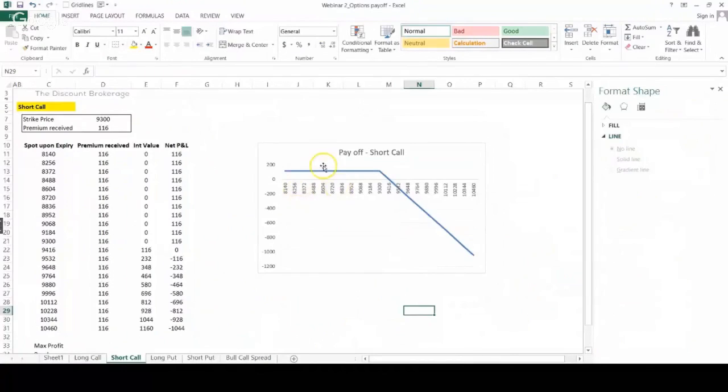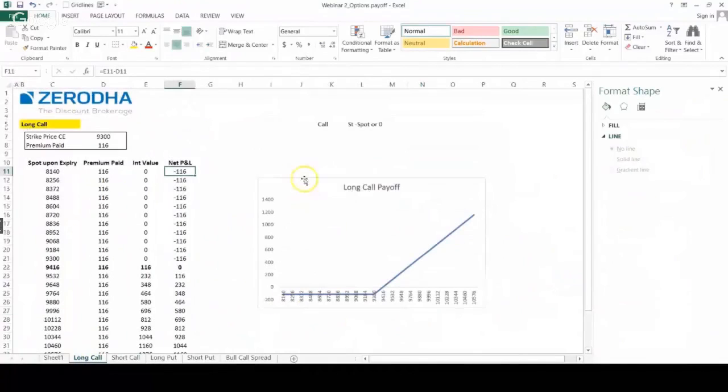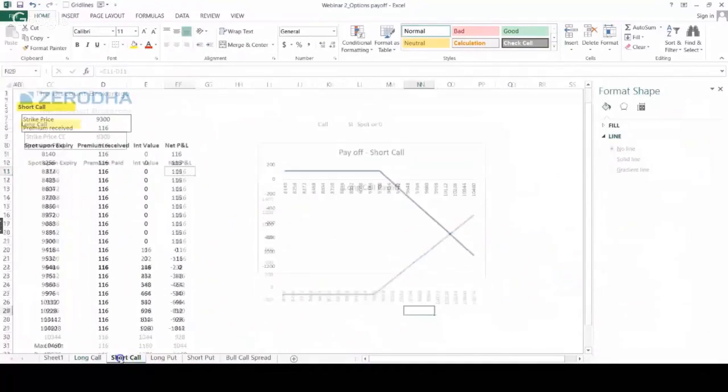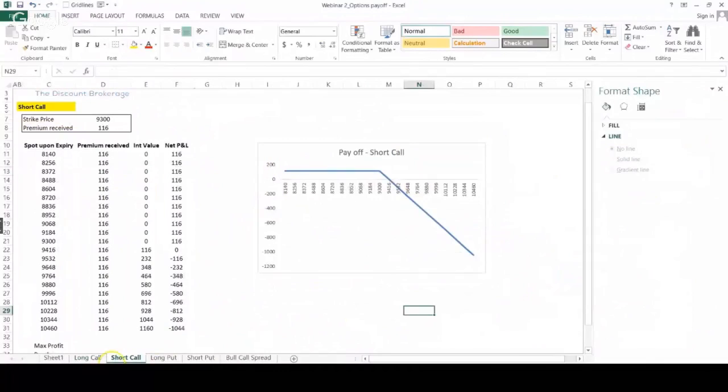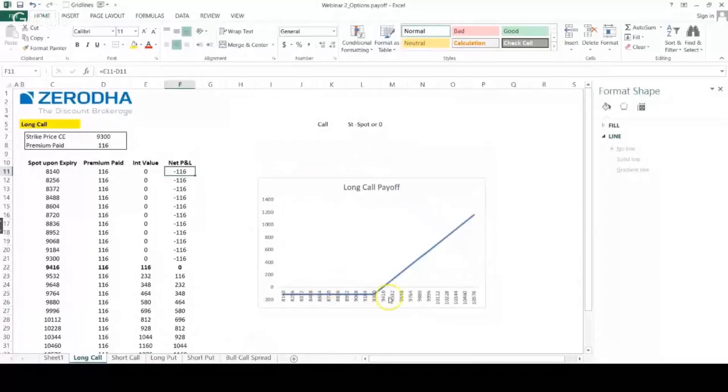Now look at this. This particular graph is the mirror image of this particular graph. So what this is trying to tell us is that the payoff of a person who has shorted the call is exact opposite to the payoff of the person who's gone long on the same option, right? So it's an exact mirror image.